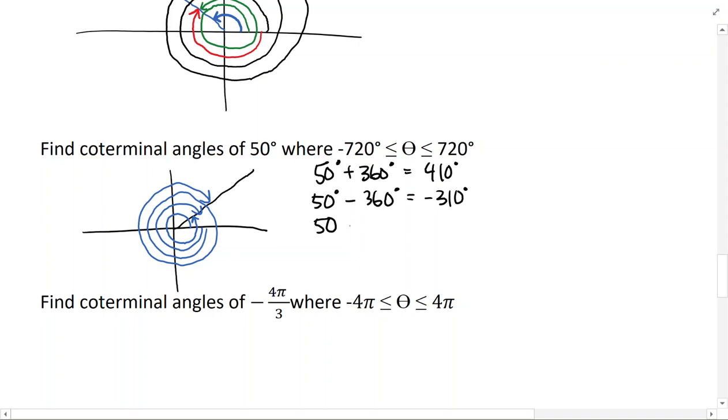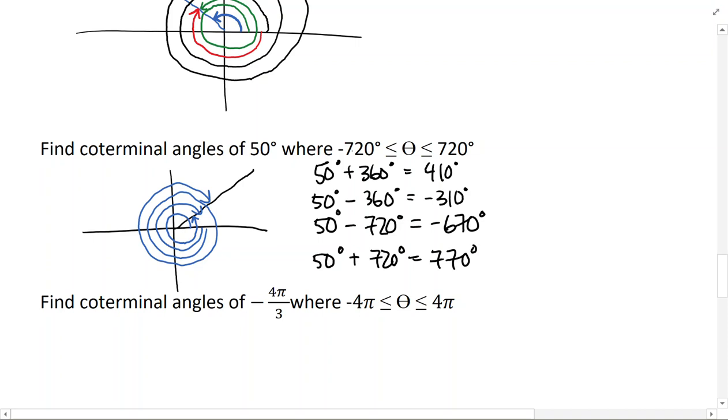If we go in the negative direction more than once, we're at negative 670. And if we go in the positive direction twice around, then you are at 770.